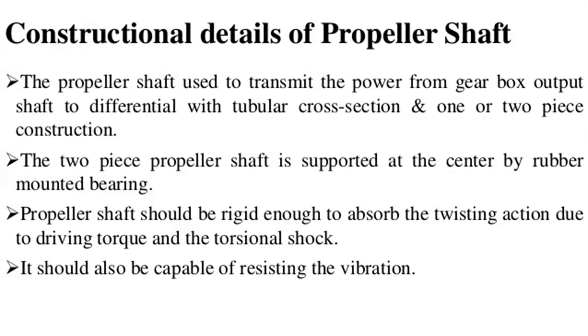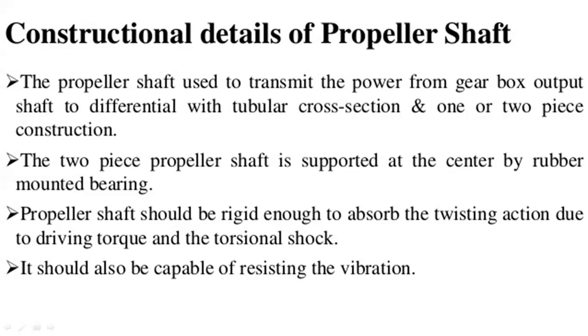The power is transmitted through the propeller shaft to the differential. The two-piece propeller shaft is supported at the center by a rubber mounted bearing. We are using a two piece propeller shaft, supported with the rubber mounted bearing.